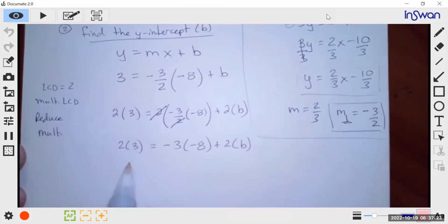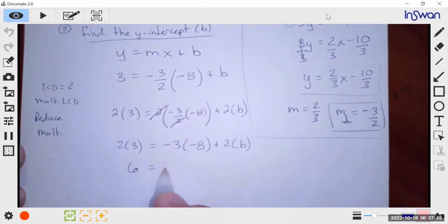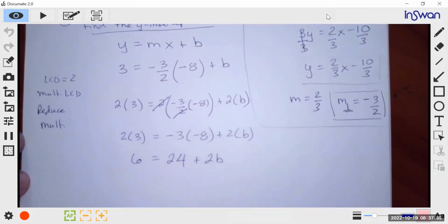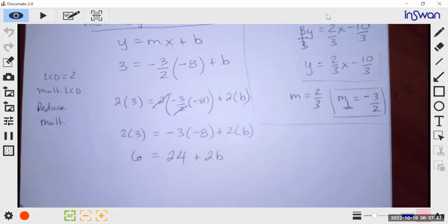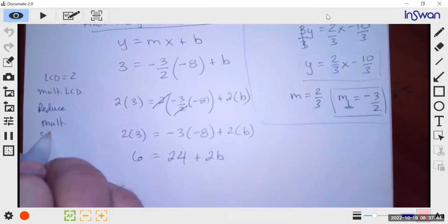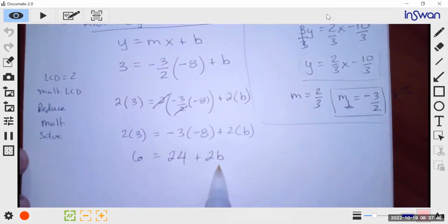Multiply to remove parentheses. 2 times 3 is 6. Negative times negative is positive. 3 times 8 is 24. Plus 2 times b. And then solve. Since b is our only variable, we solve for b.